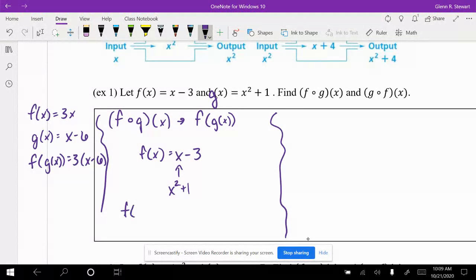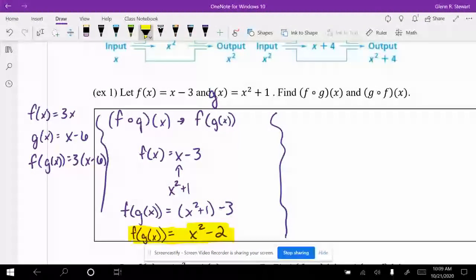So f of g of x is now going to be x squared plus 1 minus 3, which then can simplify into x squared minus 2 once we drop that parenthesis. And that's my answer. Whether you write it as f of g of x with parentheses or with the little circle, it doesn't really matter. They're the same result.